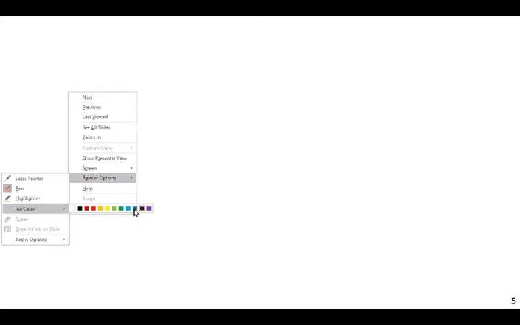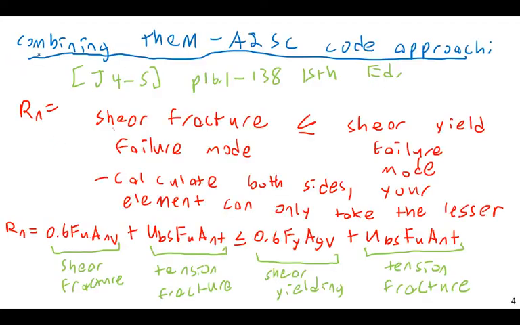So here, this Ubs factor. Now, notice this is something that we're going to be multiplying by our tensile capacities. So it has something to do with tension fracture capacity, and the smaller the Ubs is, the more conservative. If Ubs is 0, we would actually be assuming that the tension plane would be carrying no load.